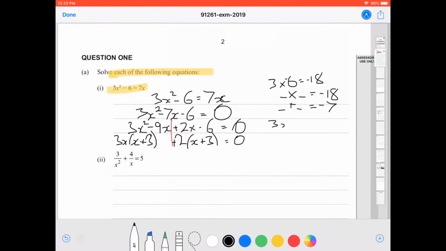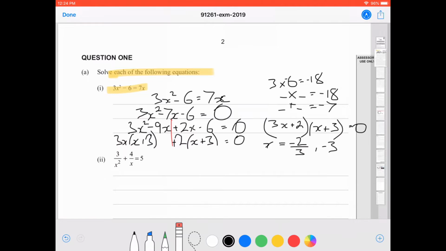So now it becomes 3x plus 2 and x plus 3 equals 0. And so we've got x equals negative 2 over 3, or negative 3 here. Sorry, not negative 3.